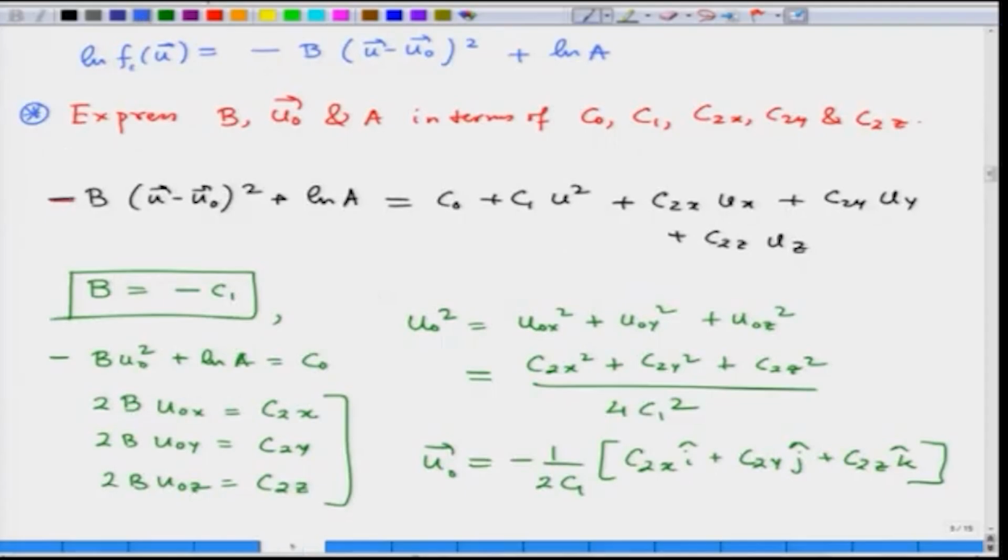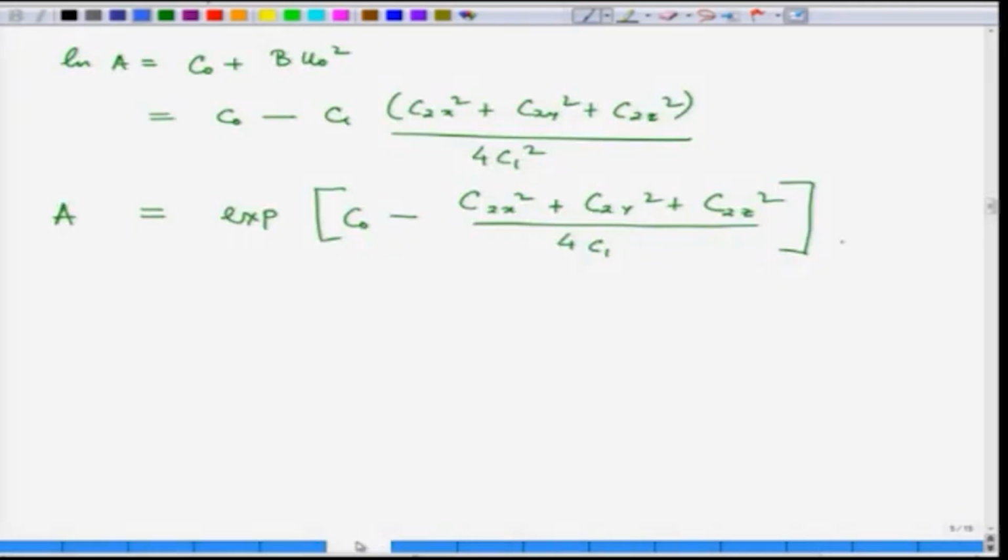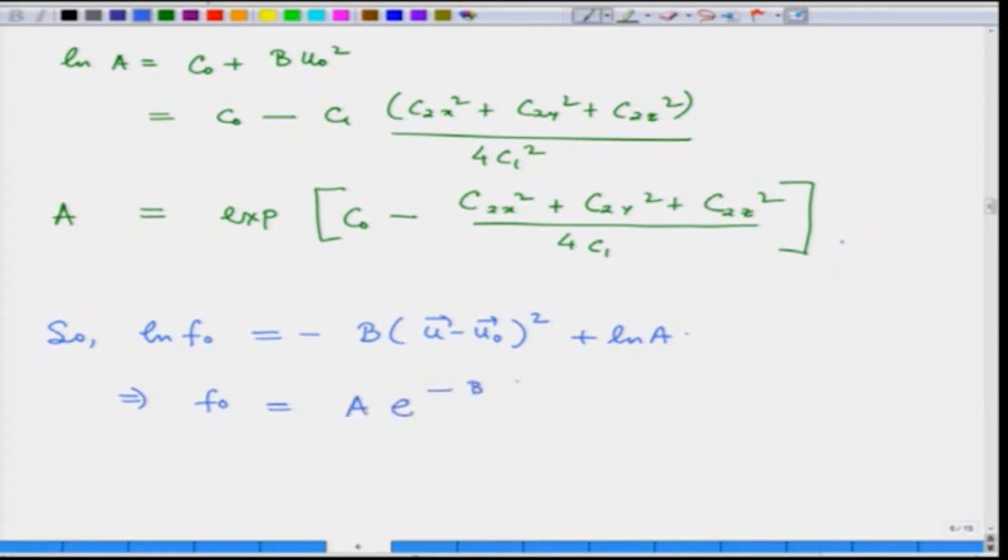And finally, you can say that log of f0 will be equal to minus b (u minus u0) whole square plus log of a. Okay. If you write that, you can simply say f0 is equal to a e to the power minus b (u minus u0) whole square. Okay.